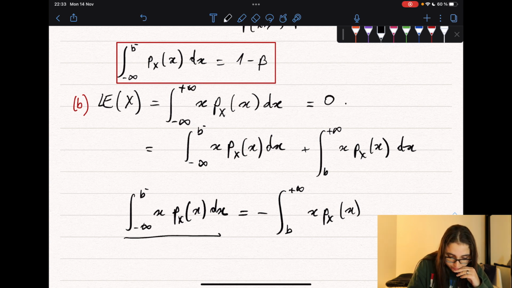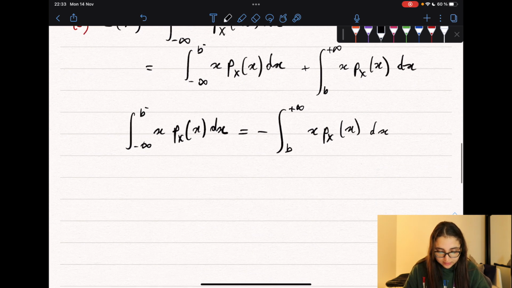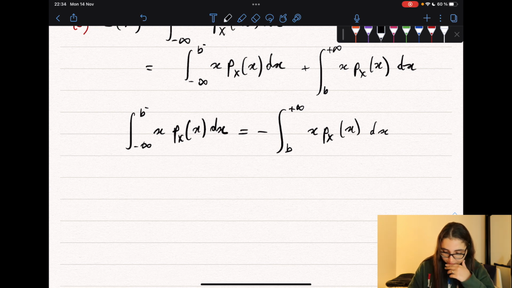And so to do that, we're just rewriting this entity in terms of the other entity that will allow us to reach that upper bound, and thus allowing us to prove that inequality right there.